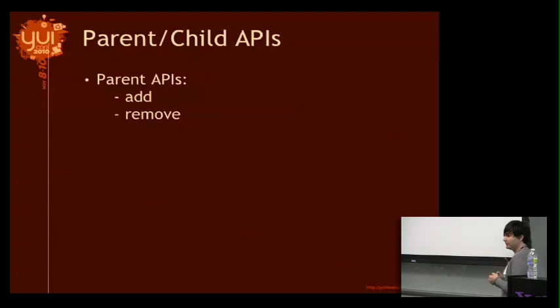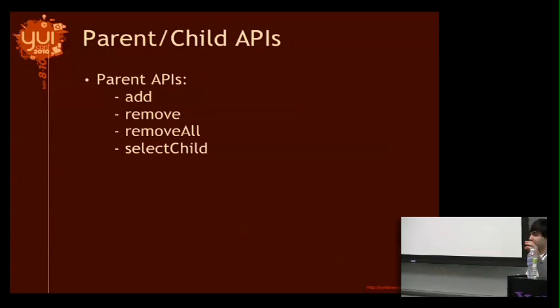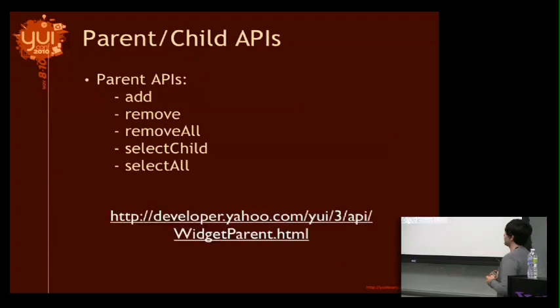You can remove leaves, children, whatever you need to do. You can remove all. You can select a child, select all of them, and you can do a lot more things. If you're interested, just go and check it out in the YUI documentation. It's great. There are a lot of events and APIs there that parent offers today.